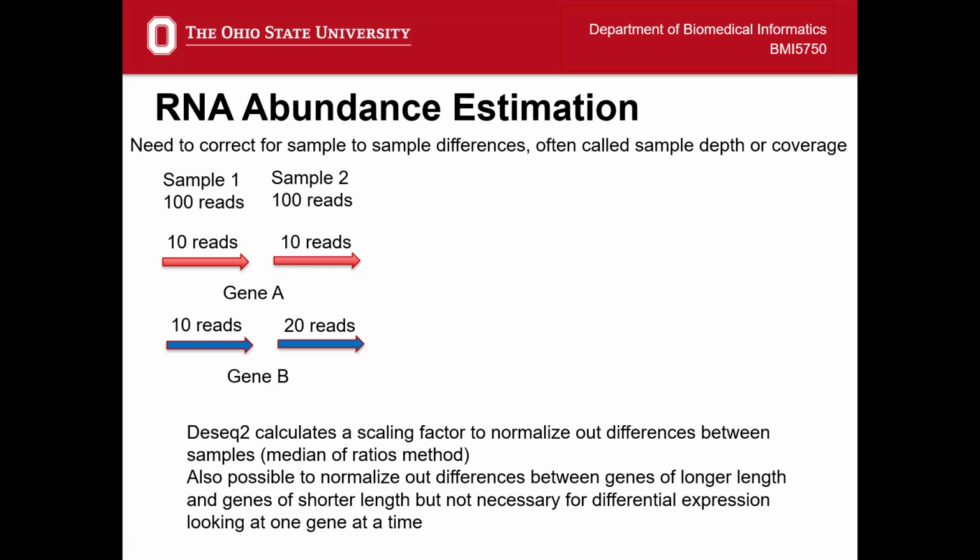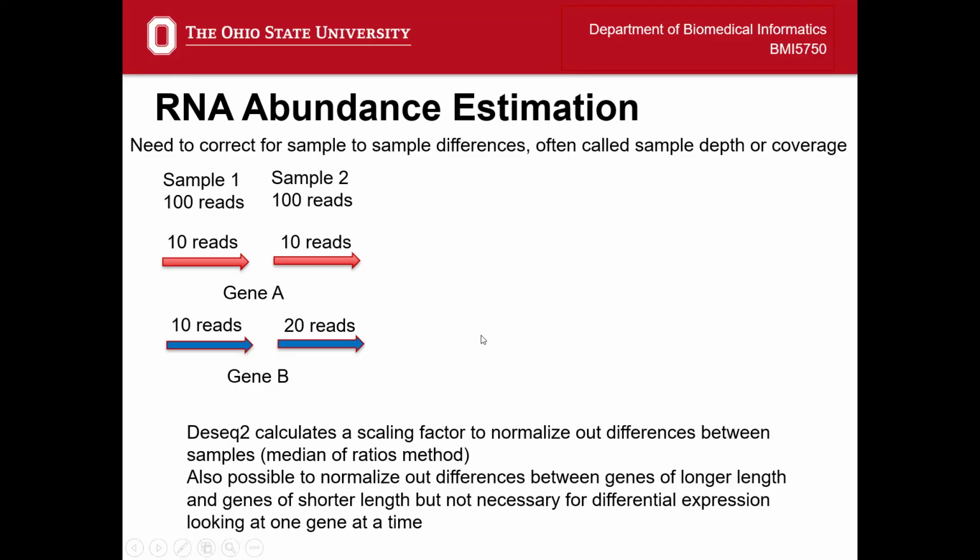It does this with the median of ratios method, and I'll talk you through that on the next slide. It's possible to normalize out the differences between genes of longer or shorter length, but with differential expression, we really only look at one gene at a time, so it's not important to do that.